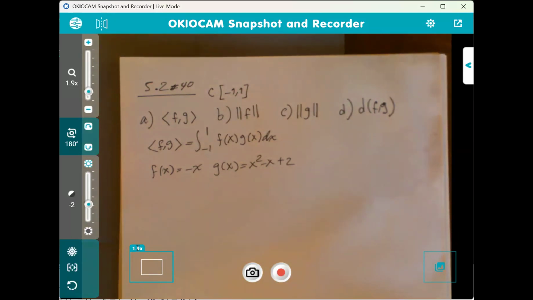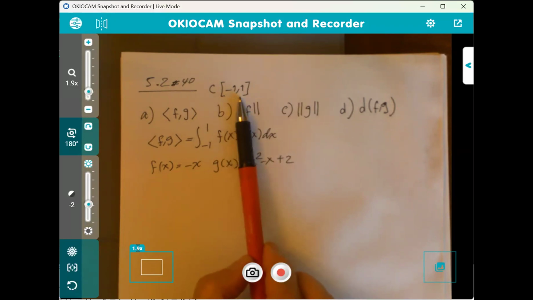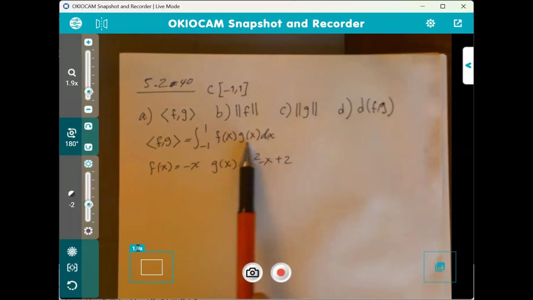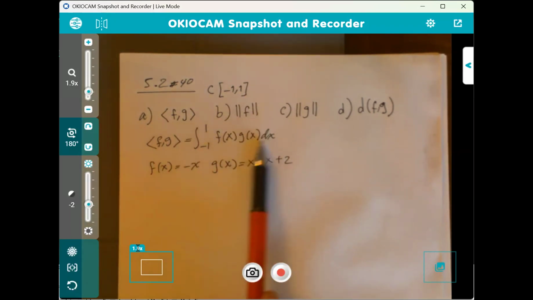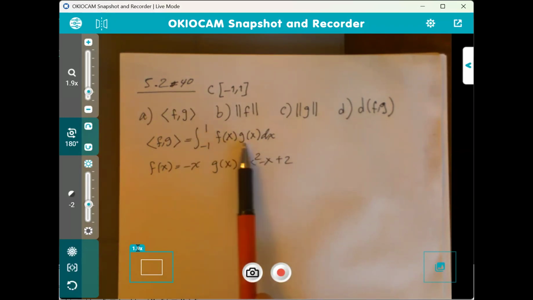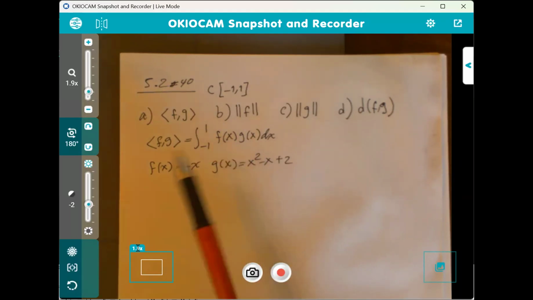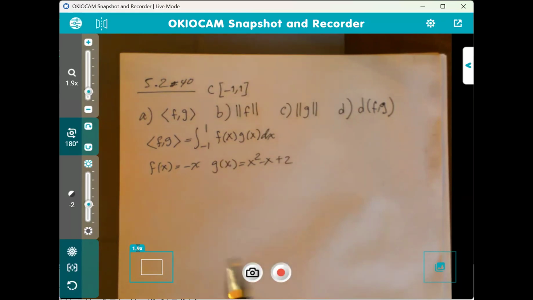So again, for the set of continuous functions on the interval from -1 to 1, you're given a specific inner product. This is the definition of the inner product, which is common sense. We think of inner product as dot product, so they're multiplying the functions. They're not adding f plus g, because the keyword is product here, so multiplication.